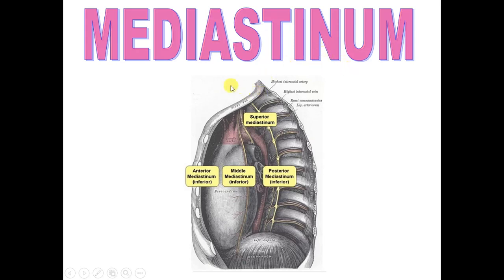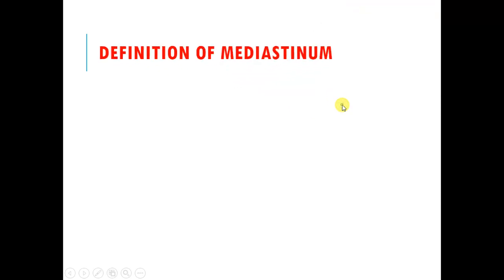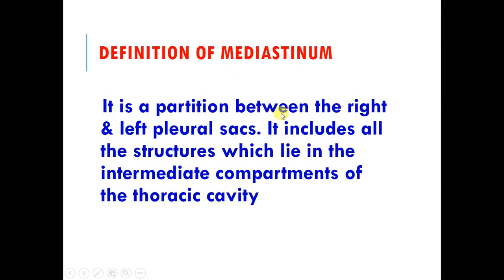So mediastinum can be defined as a partition between the right and left pleural sacs. Within the thoracic cavity, there are two pleural sacs, right and left, which are surrounding the lungs.